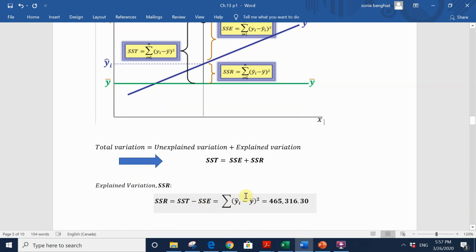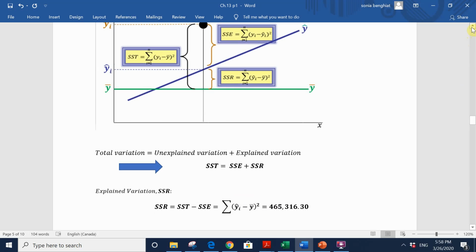It gives me this value right here. Notice that in the specific example we're looking at, the sample of 10 restaurants, we get an SSR value of 465,316.3.